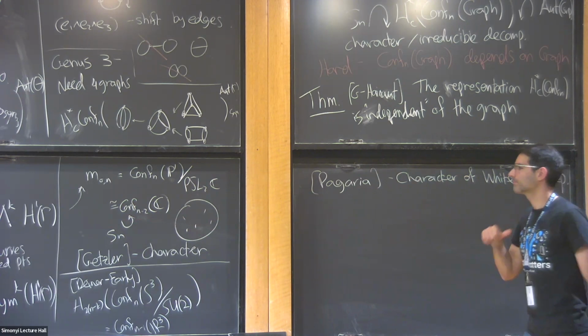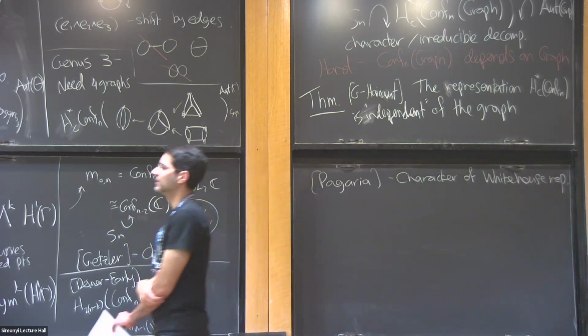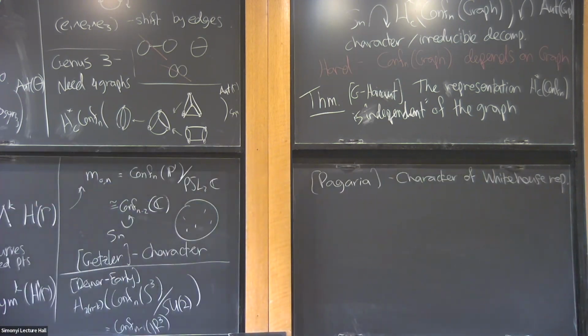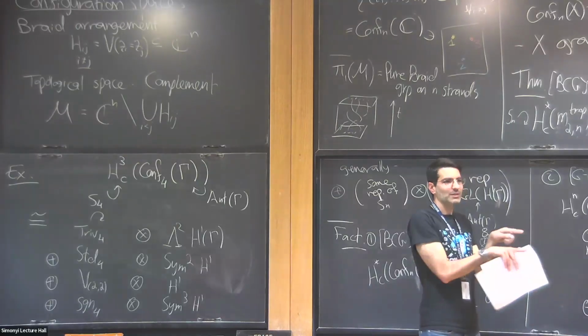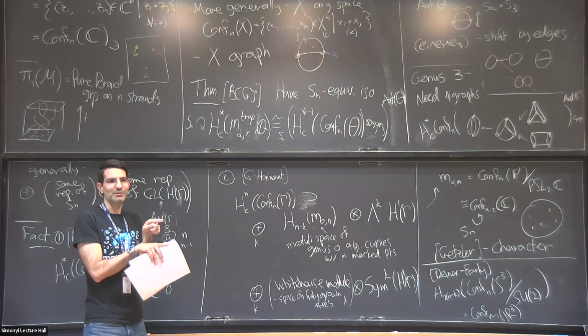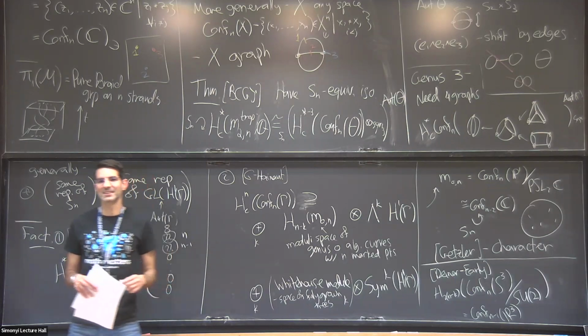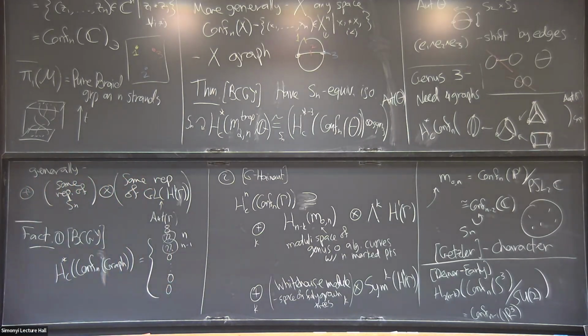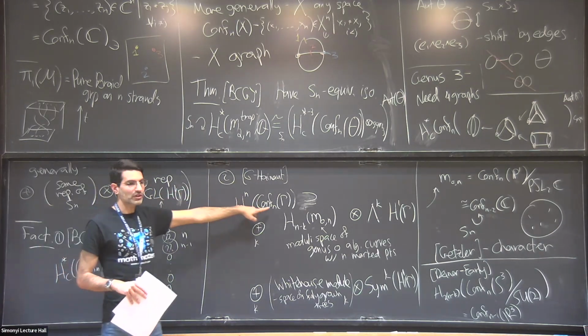But in your picture over there, you only had H1 occurring once. No, I don't think it occurs twice. I think they just become the same thing. So maybe I should write this as a direct sum, except that the k equals 1 term is the same. So, n-1. Here is n-1. Yeah, okay, so right, this is Hn of conf n.